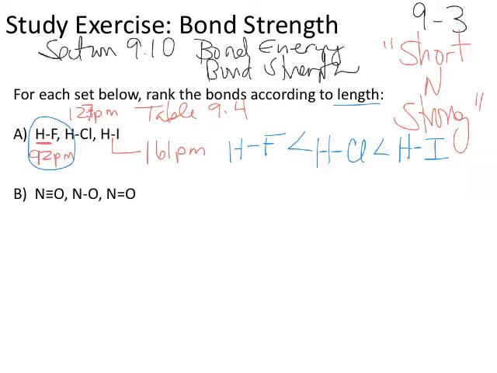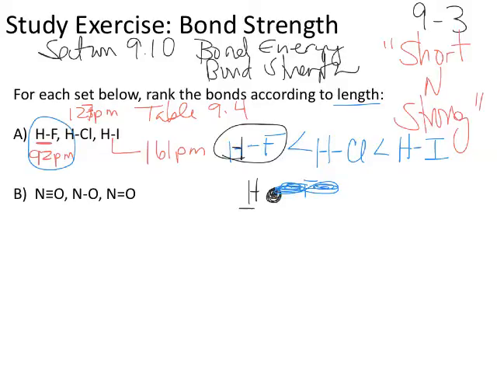Hydrofluoric acid, hydrochloric acid, hydroiodic acid. Now, think about this. These guys, hydrogen. Now, hydrogen is a 1s orbital. You all learned that from last time. It's a small size orbital. And the strength of bonds and the length of bonds are how much overlap you have. Fluorine has these p orbitals, right? The valence electrons, and they're going to overlap here.